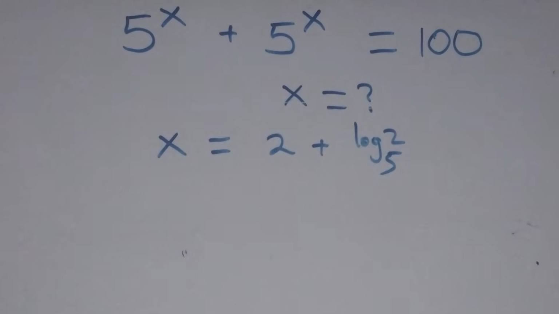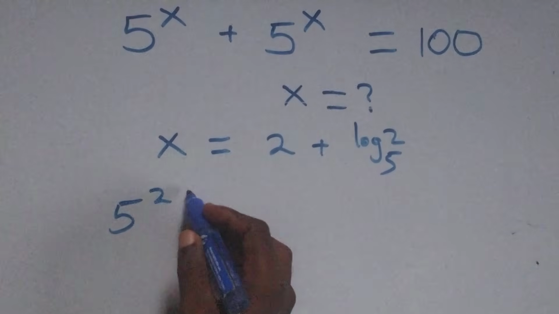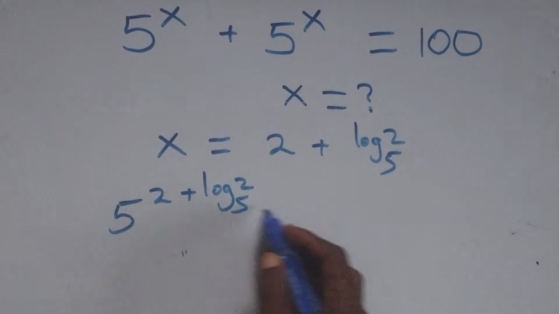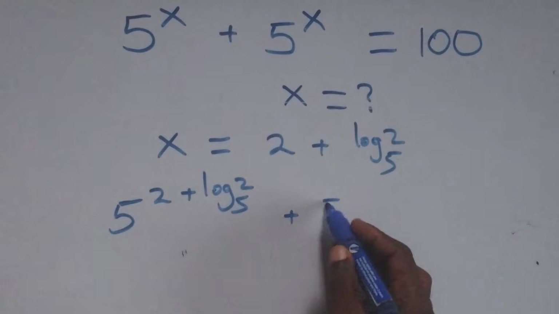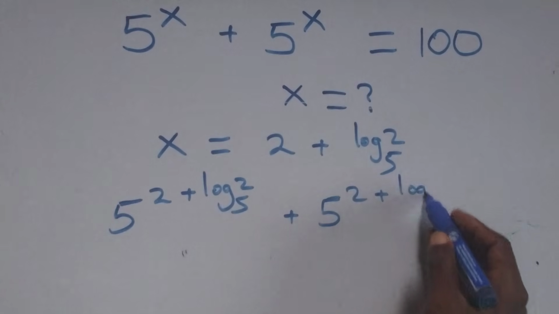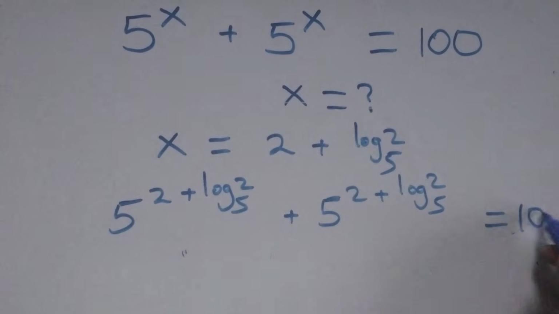Then what we have becomes 5 raised to power 2 plus log 2 base 5, plus also 5 raised to power 2 plus log 2 base 5. Is it equal to 100 on this side?